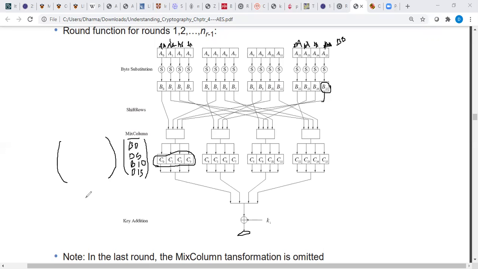If you recall how matrix multiplication works, you can do it multiple ways. One way is to go by row. Another way is to go column by column, whatever you like. So if you now take the first row, you're multiplying the first row with all of these 4 bytes to get the first element here. Whatever element is here is a linear combination of B0, B5, B10, B15.